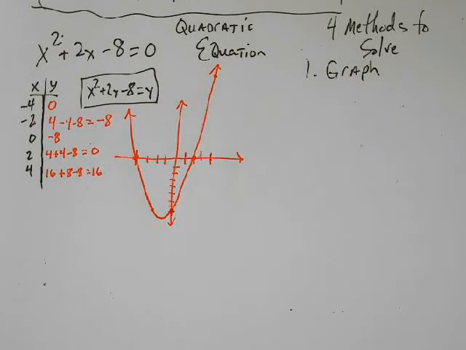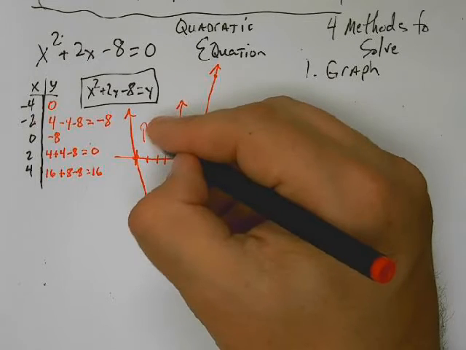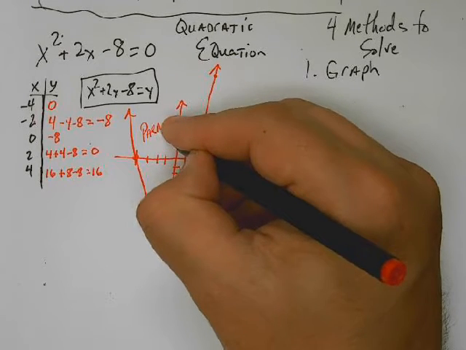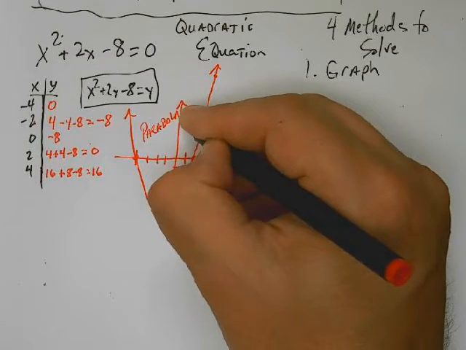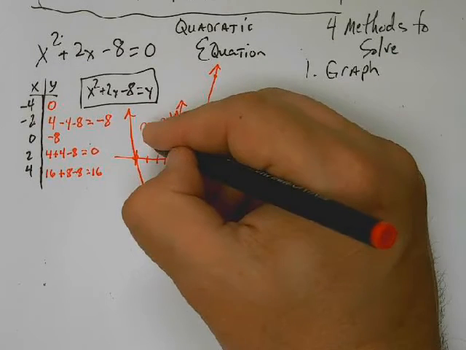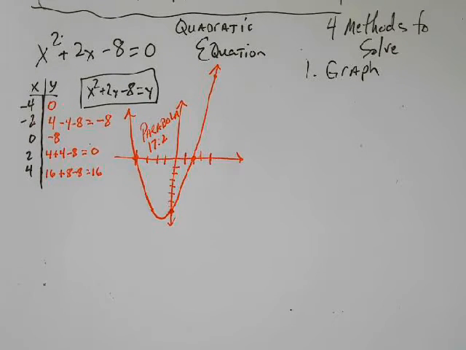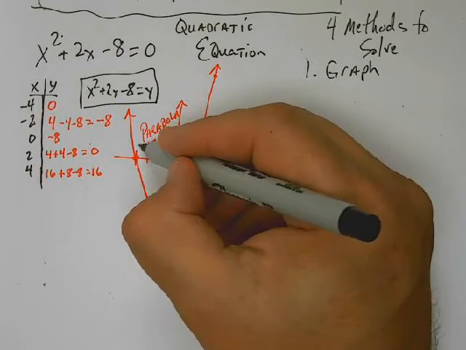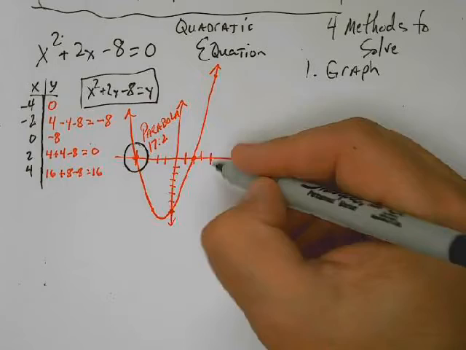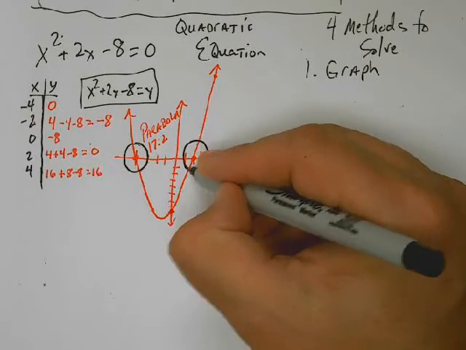What kind of figure is that? Parabola. Yeah. We actually talked more about it in 17.2, but the reason that I'm bringing it up now is because this is the way that we can solve a quadratic equation. Where does the graph intersect the x-axis?